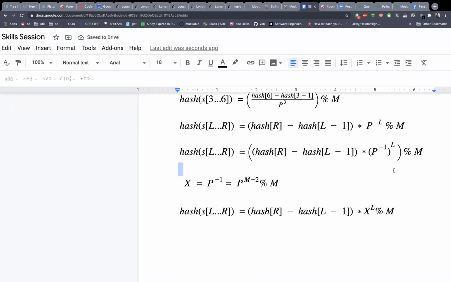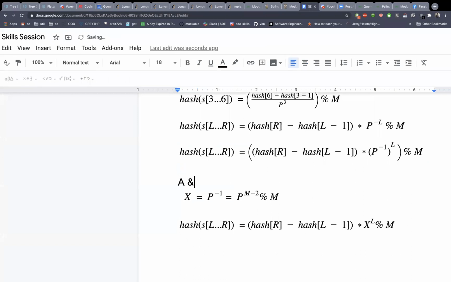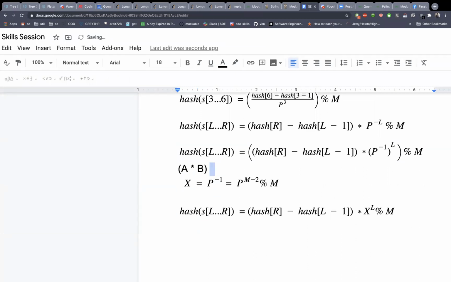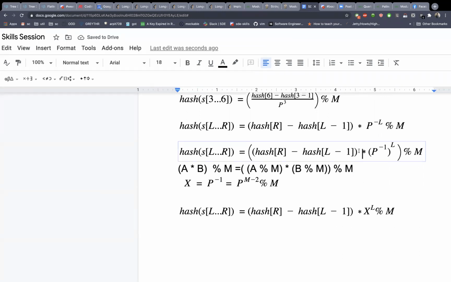And now modulo of A into B modulo M can be represented as A mod M into B mod M, and then whole mod M. Right? Yes. So if I apply modulo over here and here, then it will become inverse modulo.